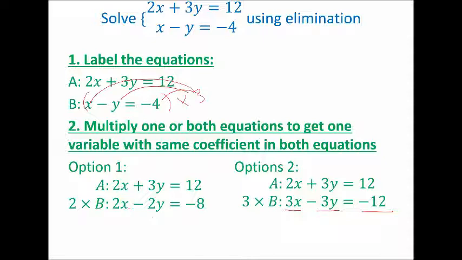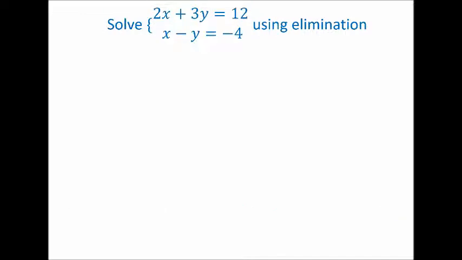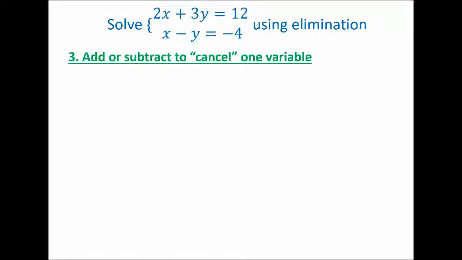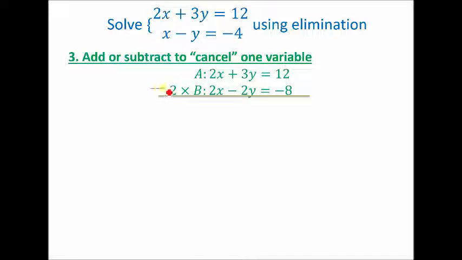Okay, so first we made the coefficients the same. Now we're going to eliminate one of the variables, hence the name elimination. So here we're going to add or subtract the two equations to cancel one of the variables. So again, we're working with option A, or option 1, where I've got 2x minus 2y equals minus 8. Now what I'd like is, again, to just have one variable. Right now I have x's and y's, I just want to have one variable. So what I can do is actually subtract the entirety of that second equation from the first.